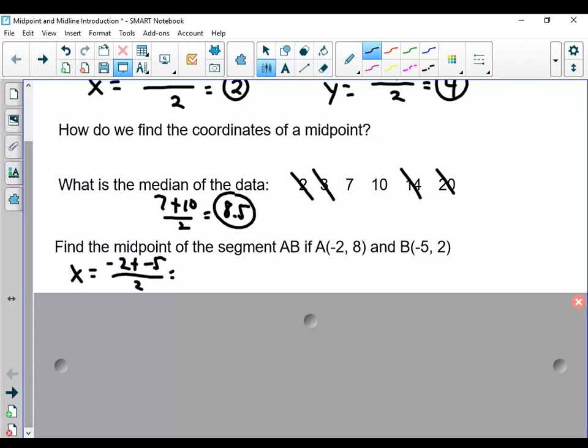Divided by 2, and that'll give me my x coordinate. So this one, yeah, would be -3.5. And then I turn around and do the exact same thing with the y's. So I'm going to take the 8 and the 2, add them together, divide by 2. And so I find out that the coordinates of the midpoint here would be at -3.5.